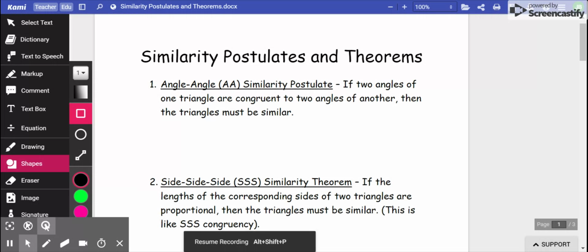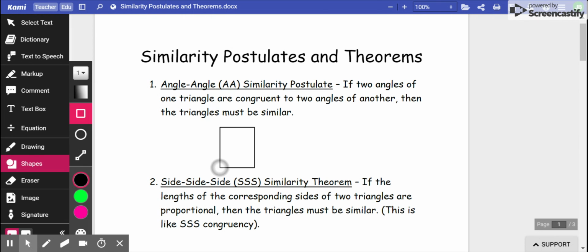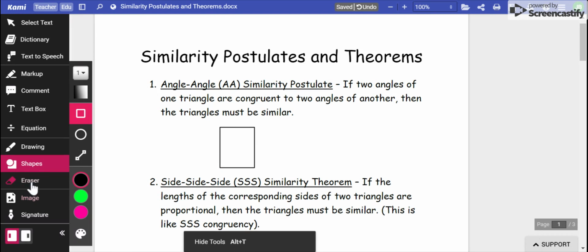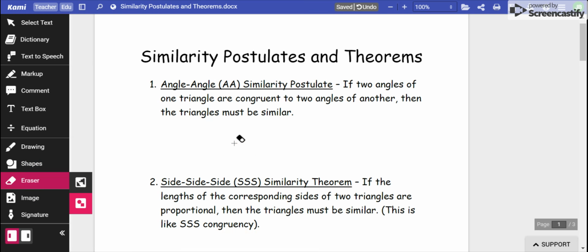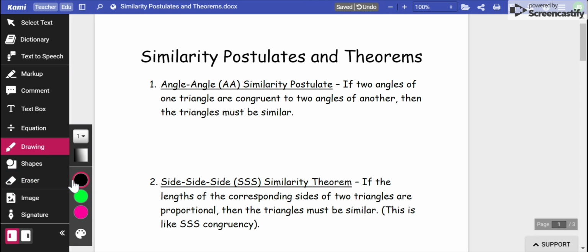All right, just to show you an example of the first one here, if we have two triangles, one's that size and one is that size, and let's just say that this angle and this angle are labeled.